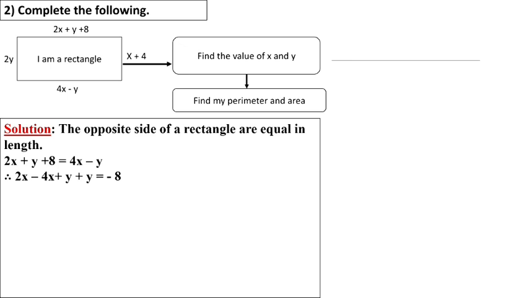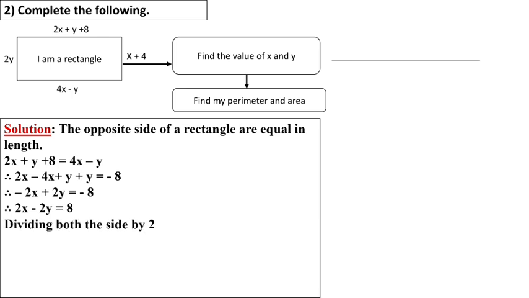Now 2x minus 4x we get minus 2x, and 1y plus 1y is 2y, equal to minus 8. We will change the signs: minus becomes plus, plus becomes minus. So minus 2x becomes plus 2x, plus 2y becomes minus 2y, equal to minus 8 becomes plus 8. Dividing both sides by 2, we get x minus y equal to 4. Here we form equation number 1.